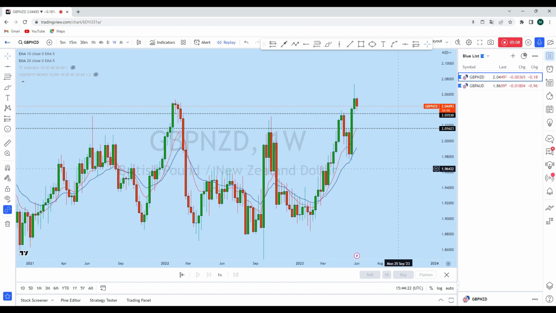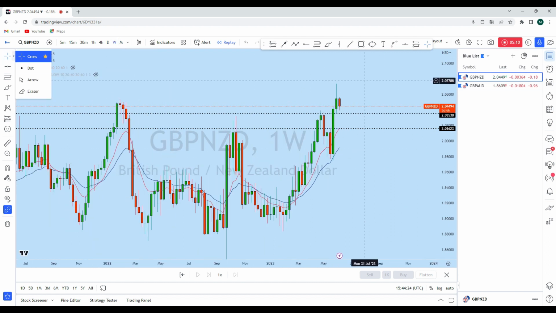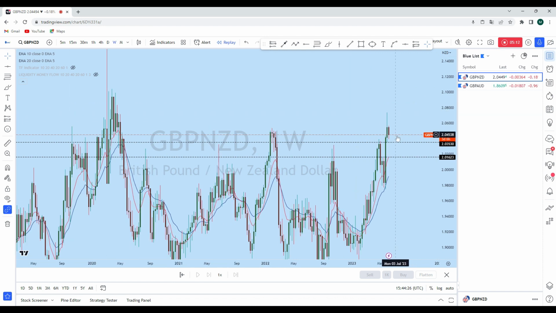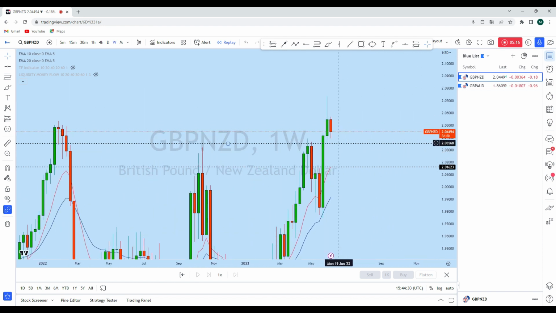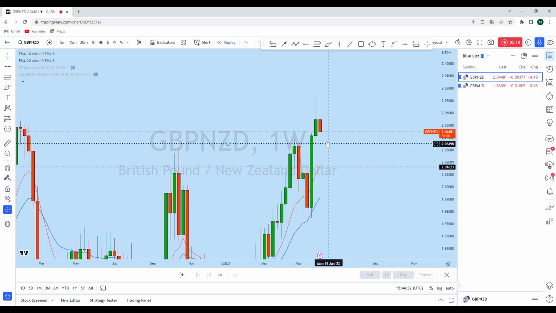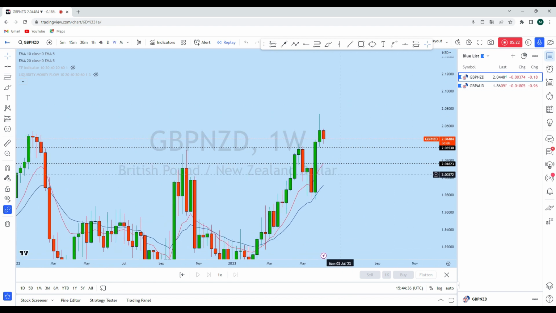Now if we look at the weekly, we can see the same situation. This is the long wick candle on the weekly on GBPNZD. With that long wick candle, we can expect the price to drop to this level. As you can see, there is a reversal here, and the price has broken to the upside.